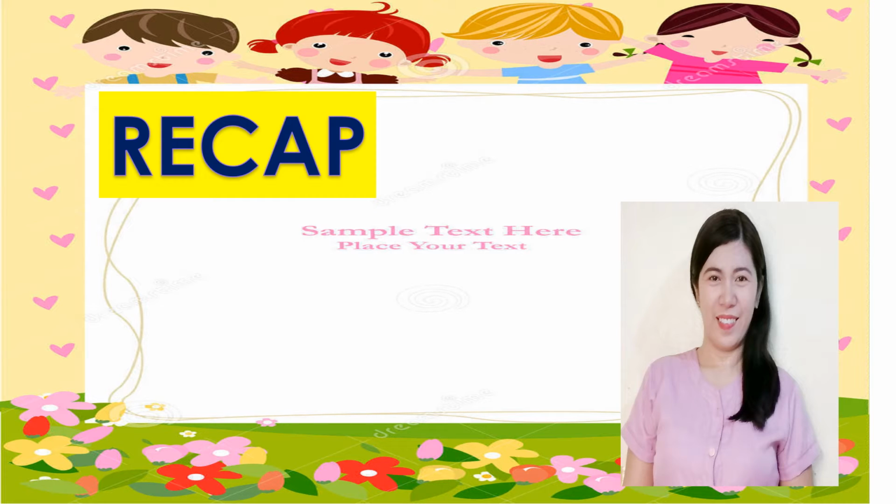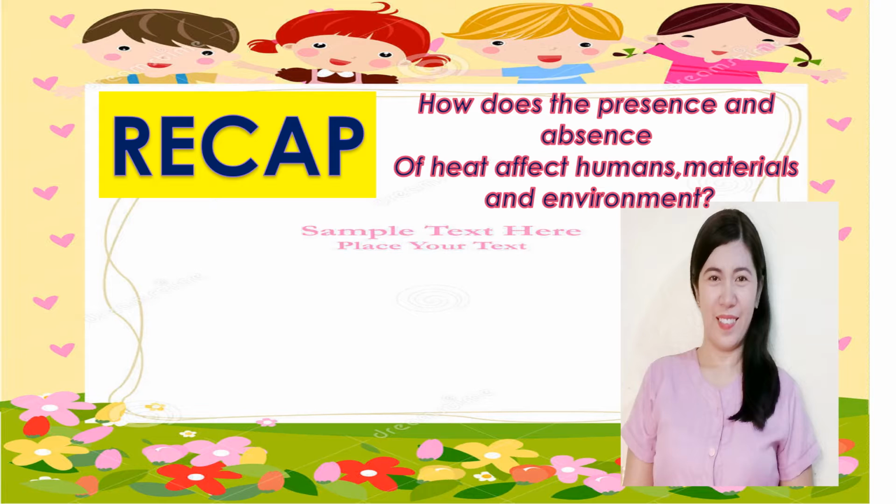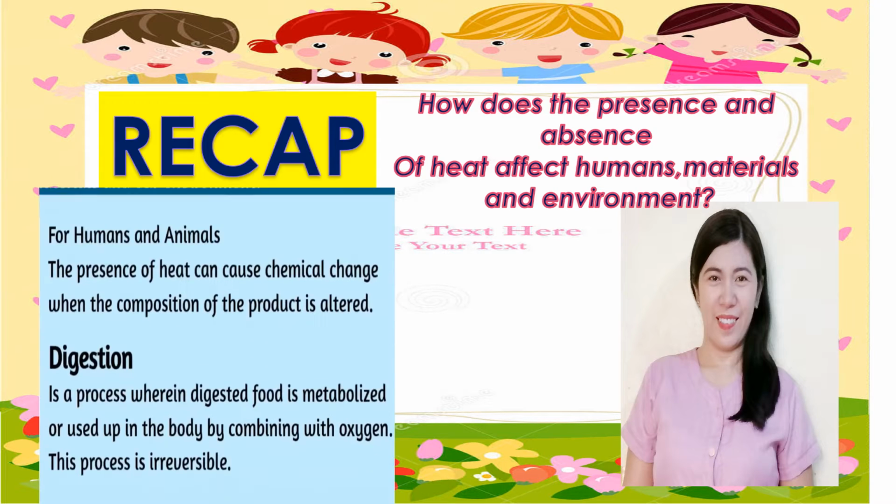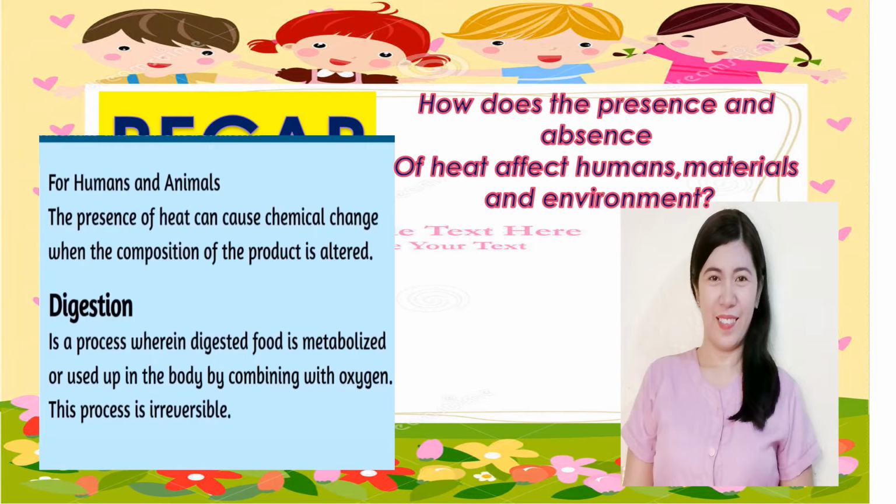Now, I want to know if you still recall our past lesson. We discussed how the presence and the absence of heat affect humans, materials, and environment. For humans and animals, the presence of heat can cause chemical change when the composition of the product is altered.